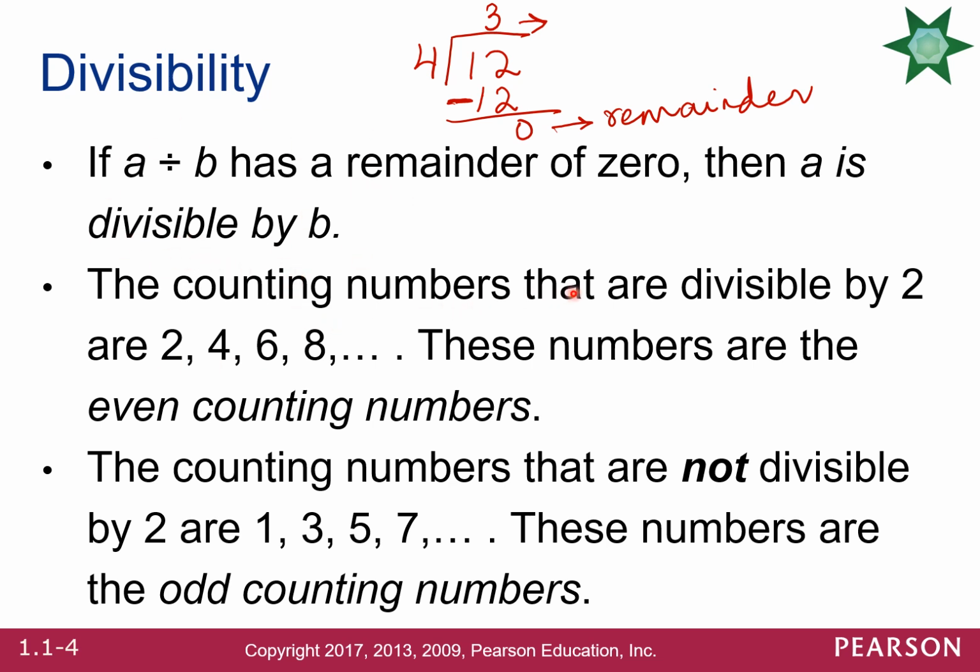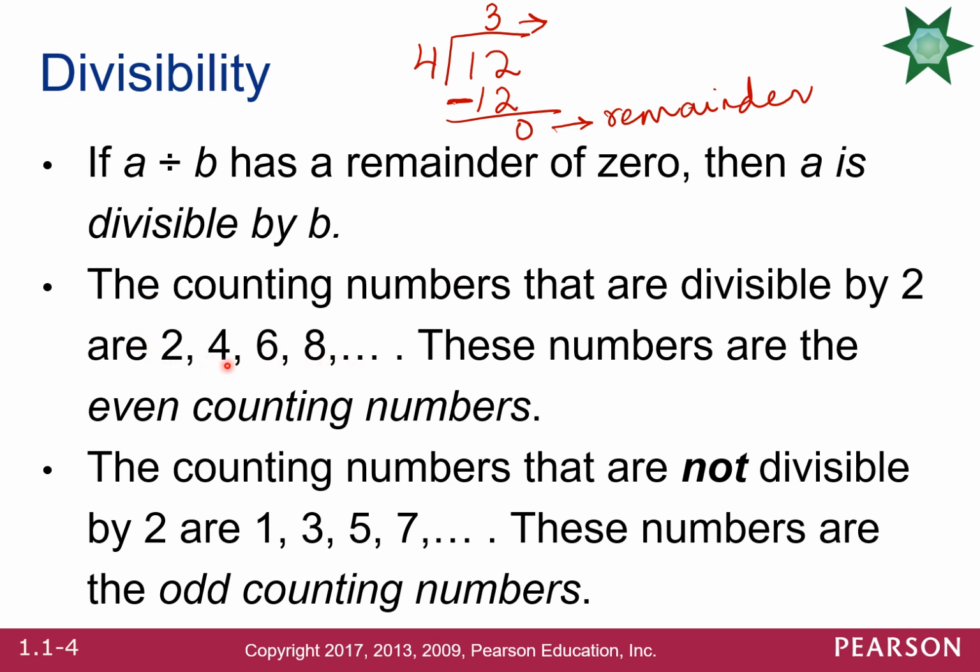Now the counting numbers that are divisible by 2 are 2, 4, 6, 8. So the entire set of counting numbers that are divisible by 2 are all even numbers, all right? So these numbers are the even counting numbers, all right? So counting numbers that are divisible by 2 are all the even numbers.